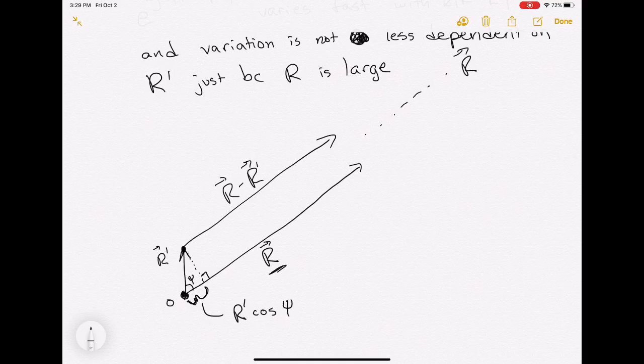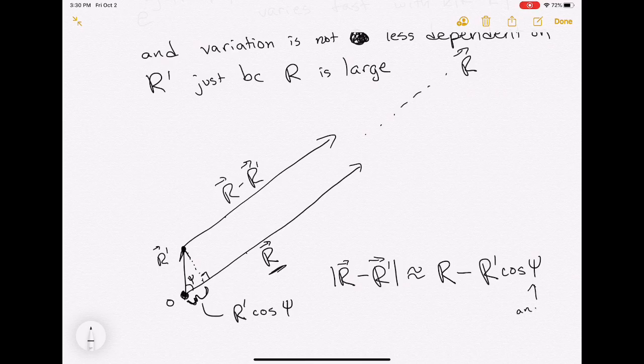So, if r is very large, that means that these two vectors are almost parallel, and this magnitude term of r minus r prime is approximately equal to r minus r prime cosine psi, where again psi is the angle between r and r prime.